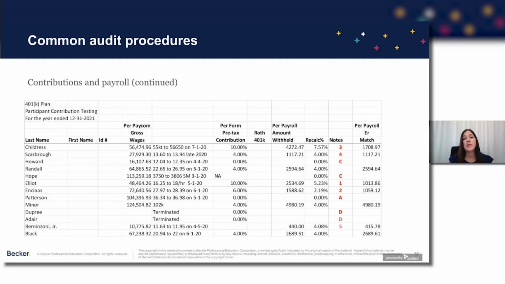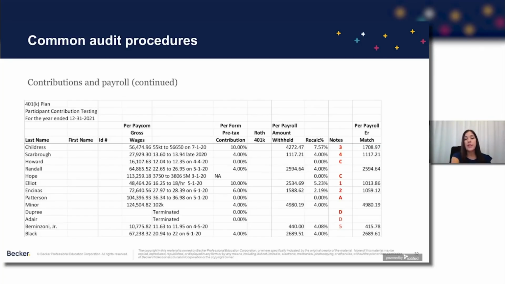Some clients may have a higher risk related to that, but that's all going to be based on your knowledge of your client and where the risks lie. So I generally, depending on the risk, am not testing that hourly rate or that salary amount. I'm not agreeing that salary amount back to supporting documents such as employment contracts at the plan sponsor. What I am testing is that total gross wage number to make sure that it's in accordance with the definition of compensation.